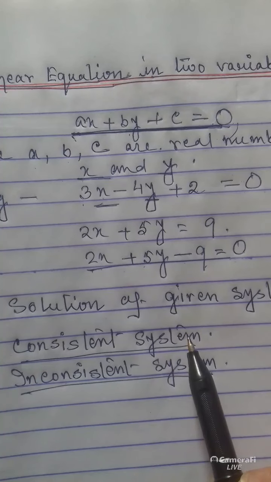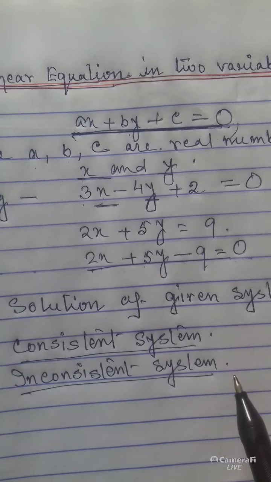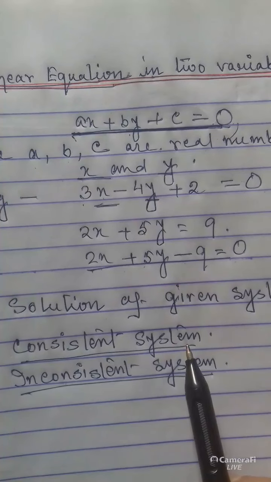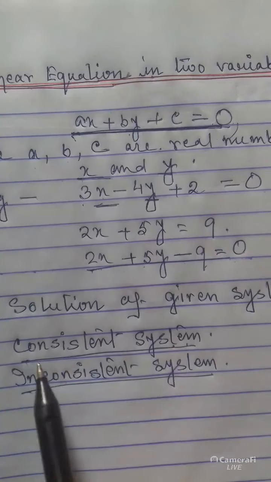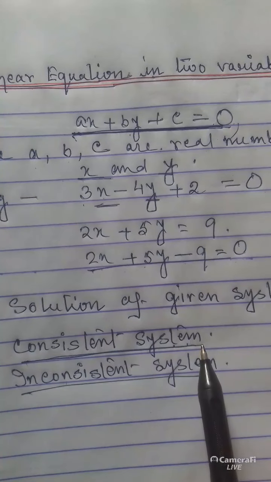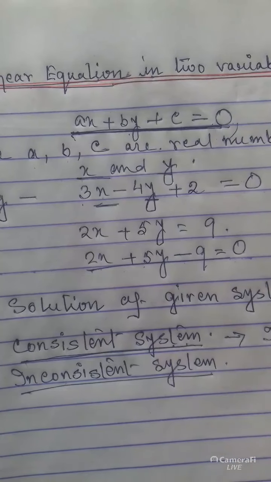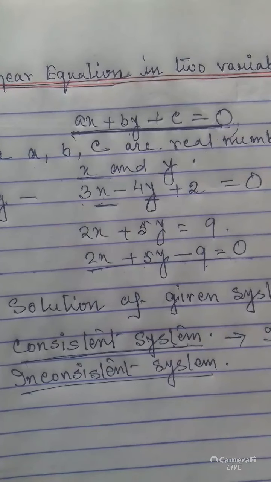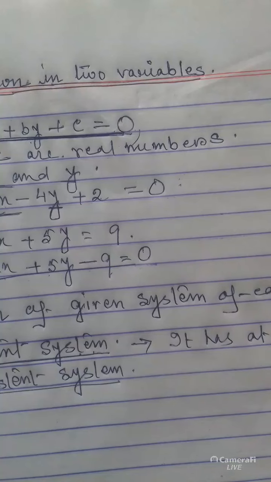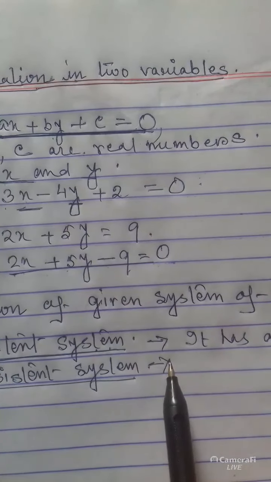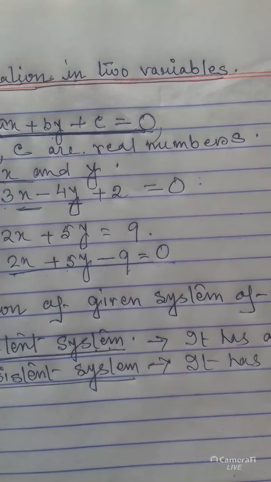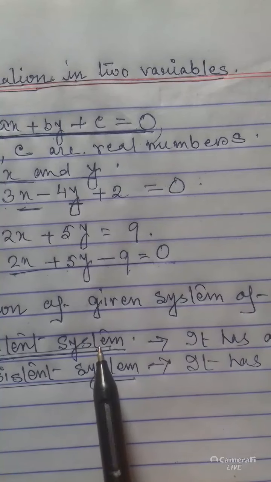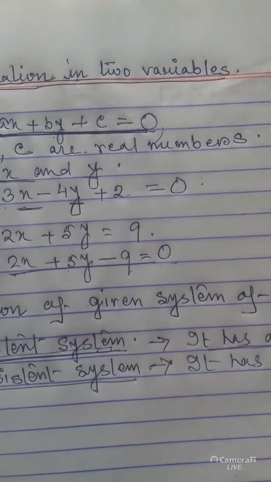Consistent system of linear equation. A system of linear equations in two unknowns is said to be consistent if it has at least one solution.